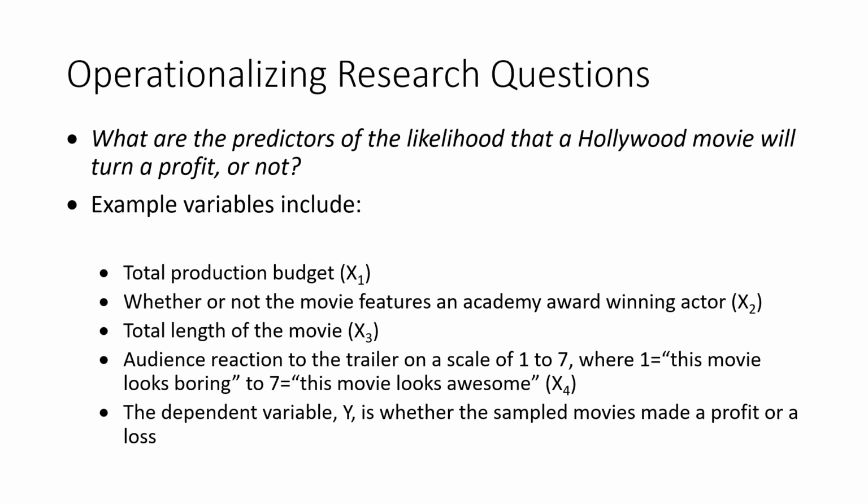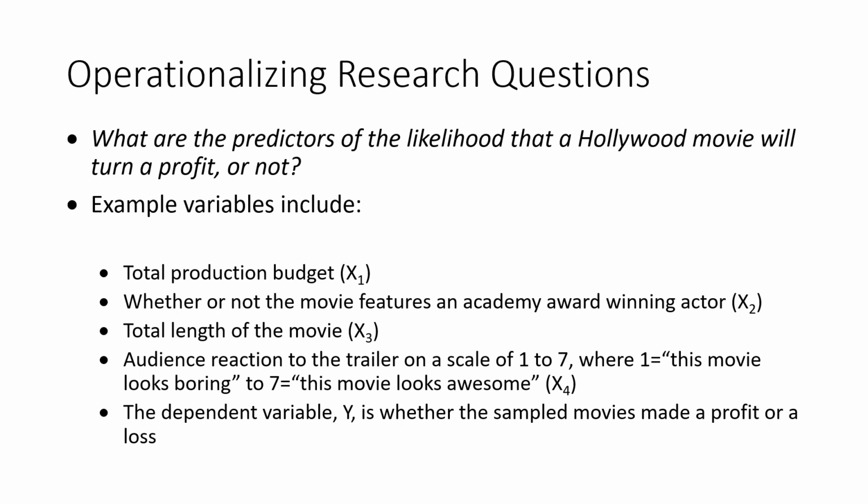Obviously, there will be exceptions. There are small budget films that turn huge profits, and there are huge budget films that make a loss. But generally speaking, there's a certain sweet spot where you have to put enough money into a production in order for it to have the emotional effect on the audience. So that might be X1. That's a scale level variable, so the amount of money that you put in.